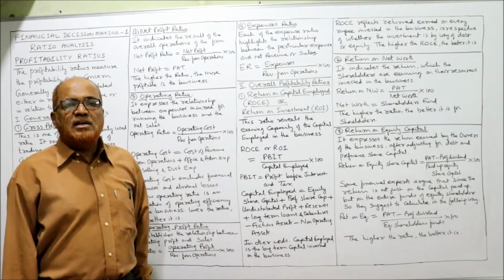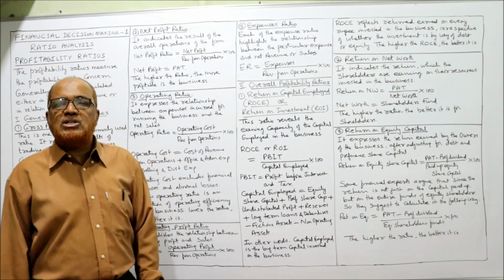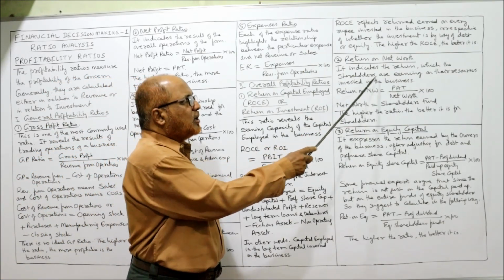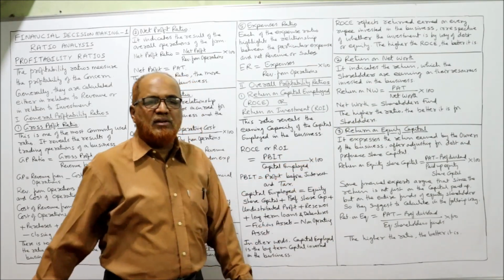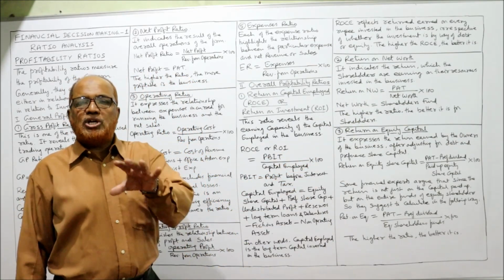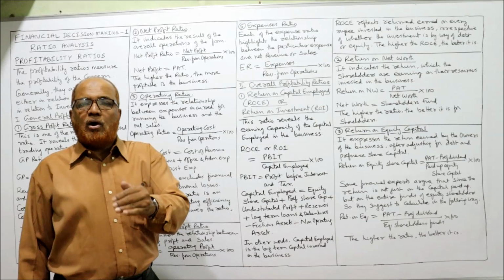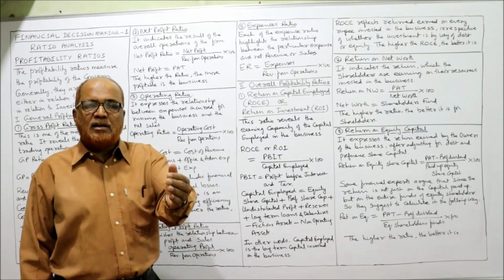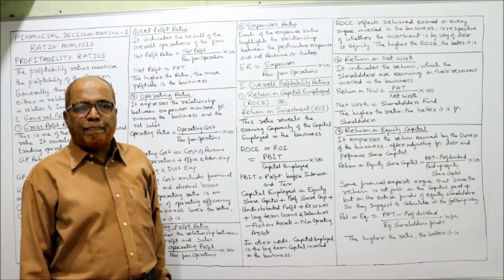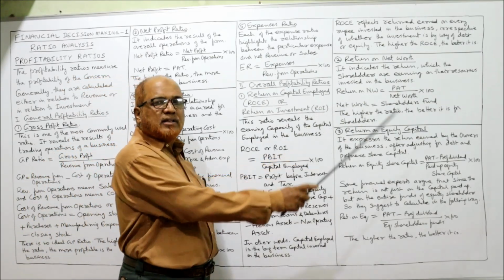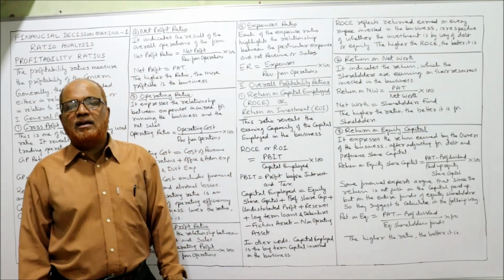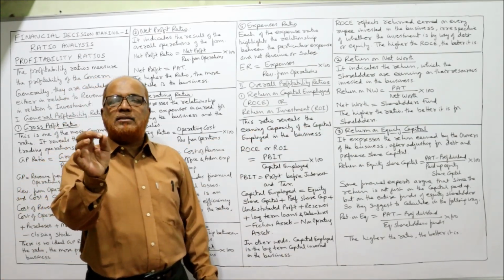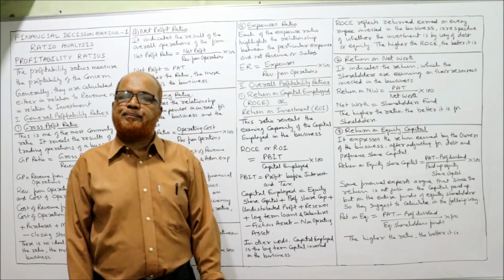Then the second one is return on net worth. It indicates the return which shareholders are earning on the resources invested in the business, the investment made by the shareholders. So the formula for return on net worth is PAT divided by net worth into 100. And net worth means shareholders fund.